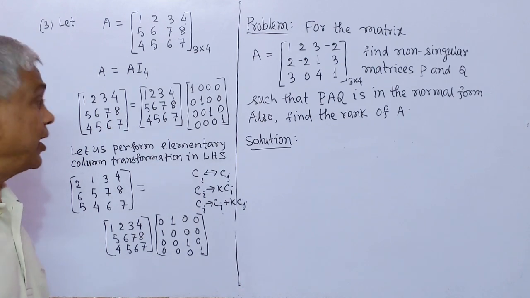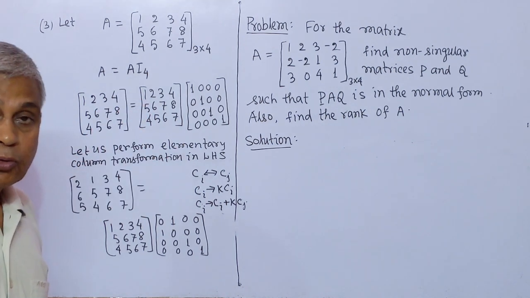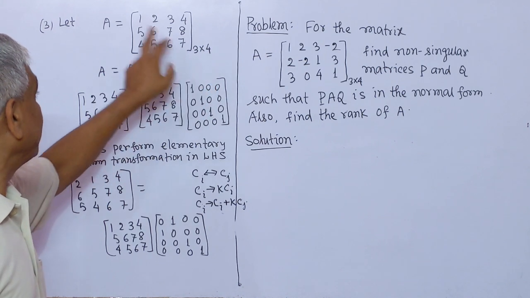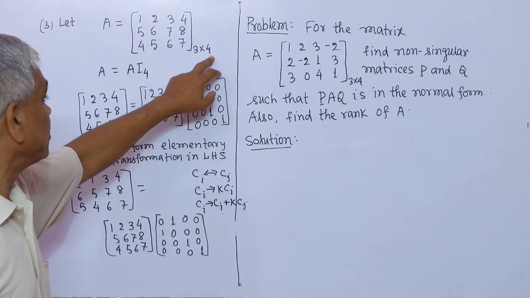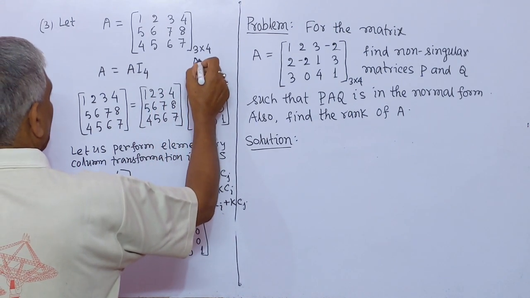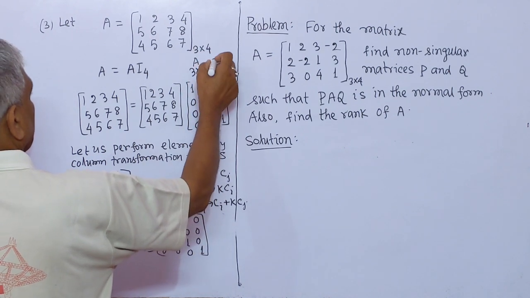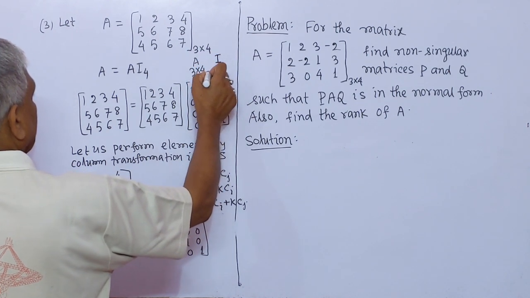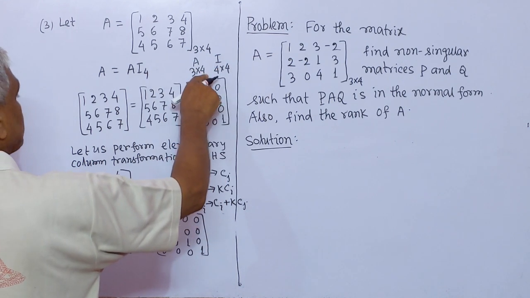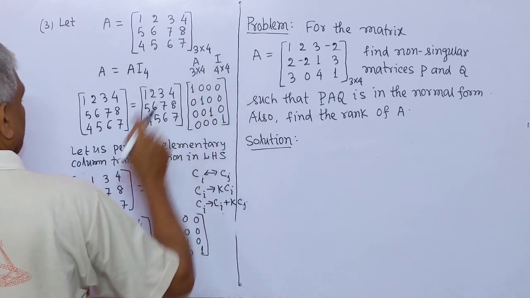If we post-multiply A by a unit matrix, then we will have to post-multiply by the unit matrix I4, because the number of columns of A is 4, in the 3 by 4 matrix. So the unit matrix will be 4 by 4, because the number of columns of A equals the number of rows of the unit matrix.